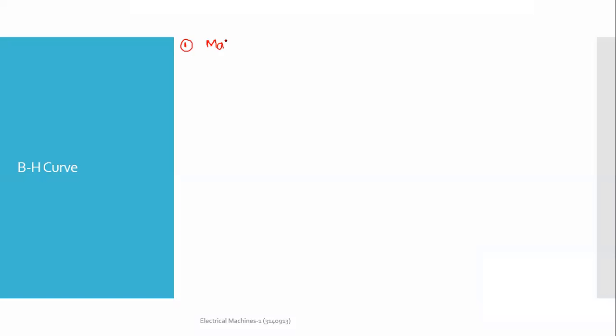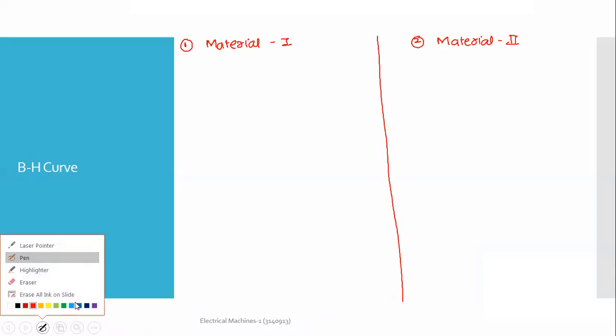I have a material one, and I have a material two. I have two different materials. I'm not naming them right now. I have used them as a core material.